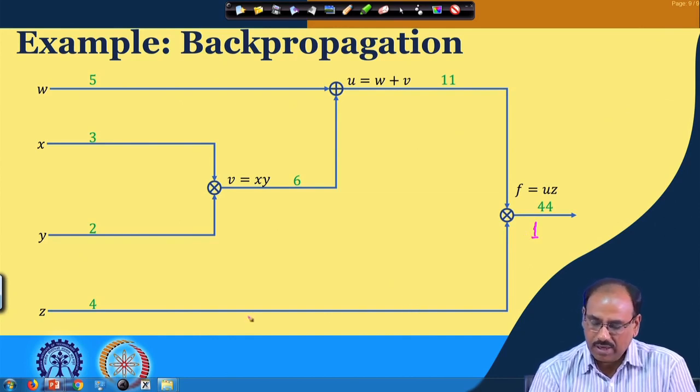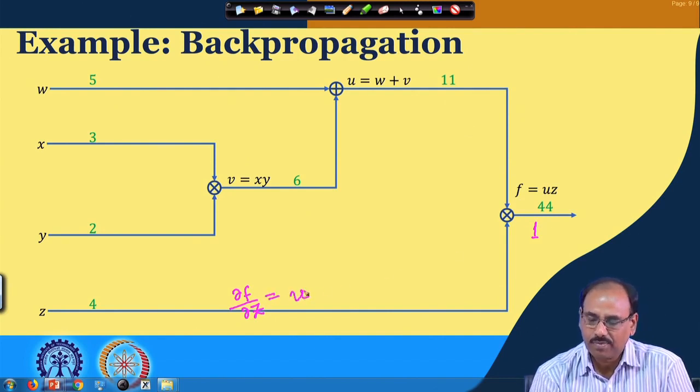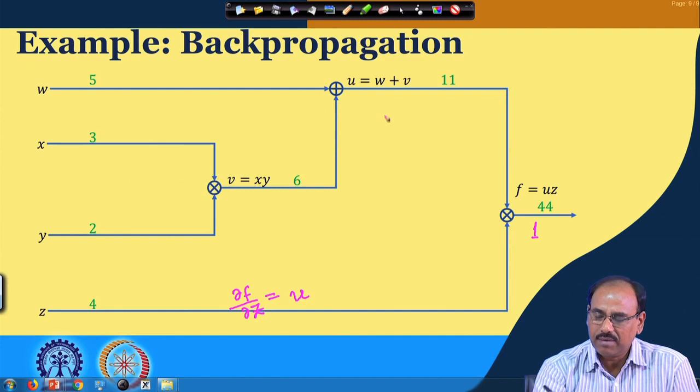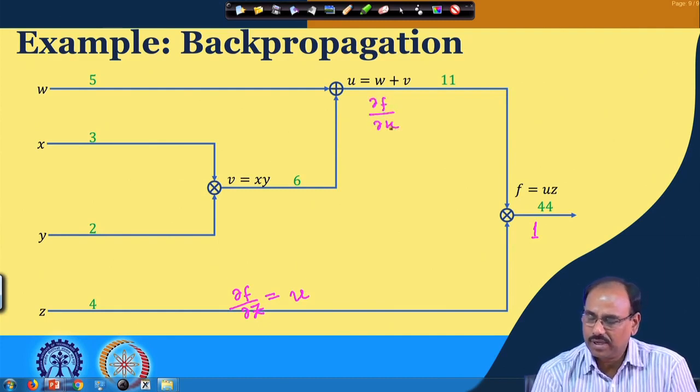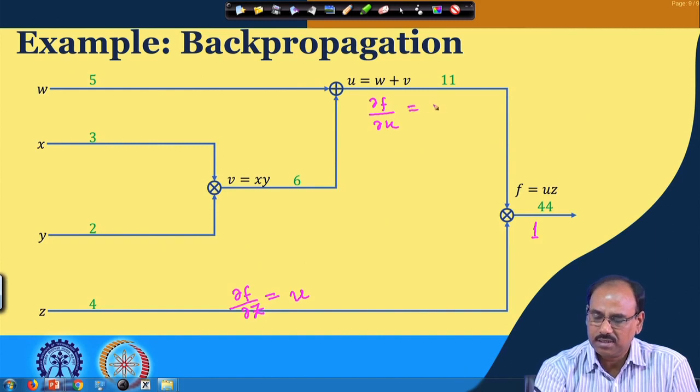So, here what I compute is del f del z, and as I said, I can directly compute it. So, del f del z is nothing but, in this particular case, it is u, and here what I have to compute is del f del u, and del f del u is nothing but z.